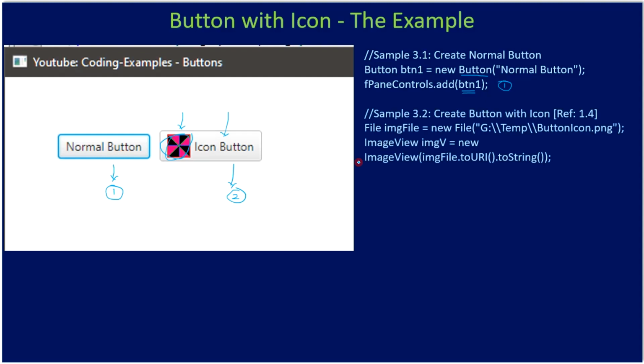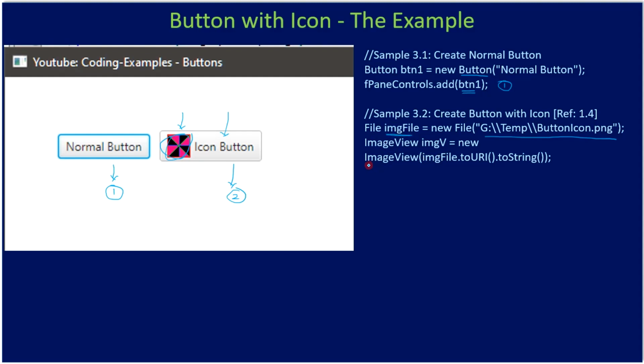Next, to create an icon with the button, we need to create an image view. To create the image view we need a file. So here we are creating the file, and the image is at the G drive temp, and this is our PNG image file. So we have the image file instance.